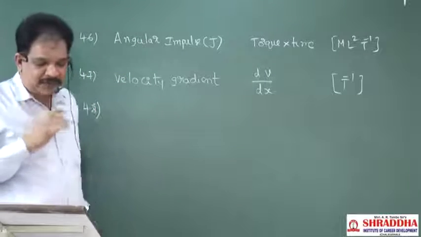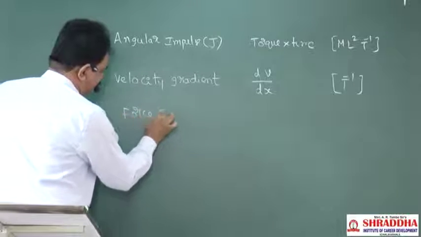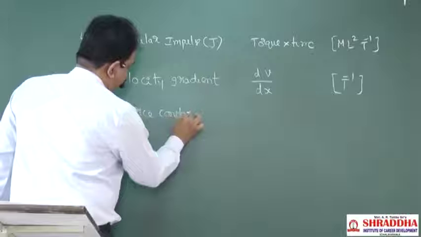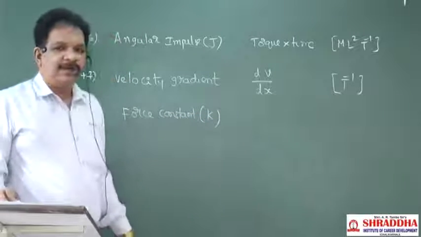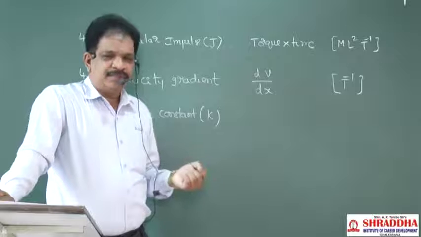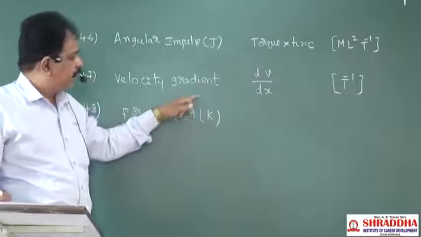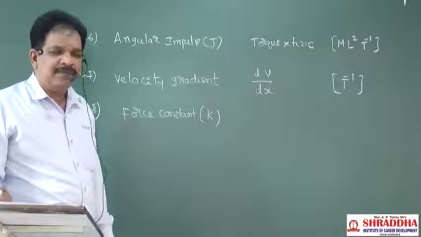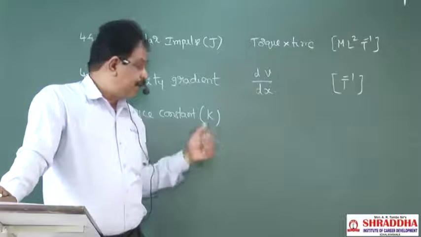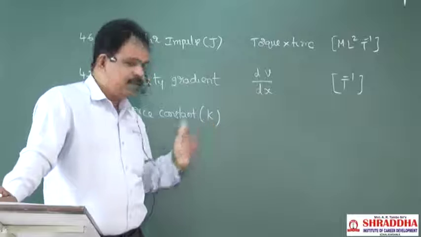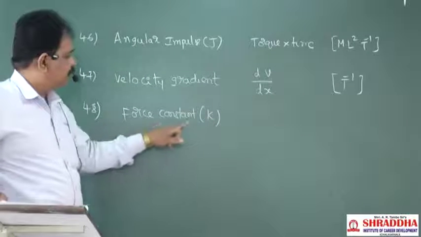Next, 48. What they are asking, see, force constant. Here what will happen is, the same symbols will be there for different physical quantities, maybe some 4-5 like that. But they will mention the name, you remember. K is there, force constant.